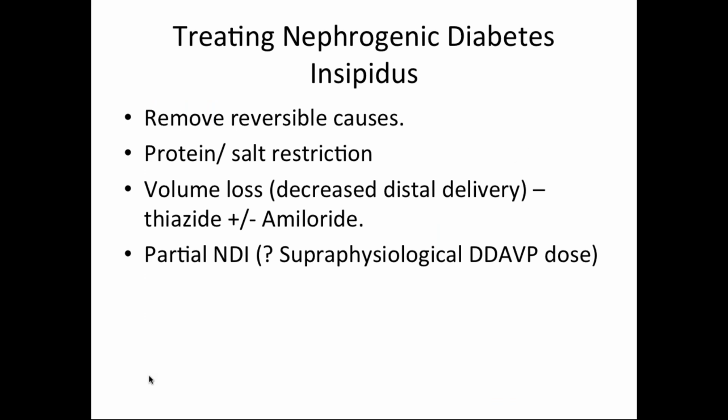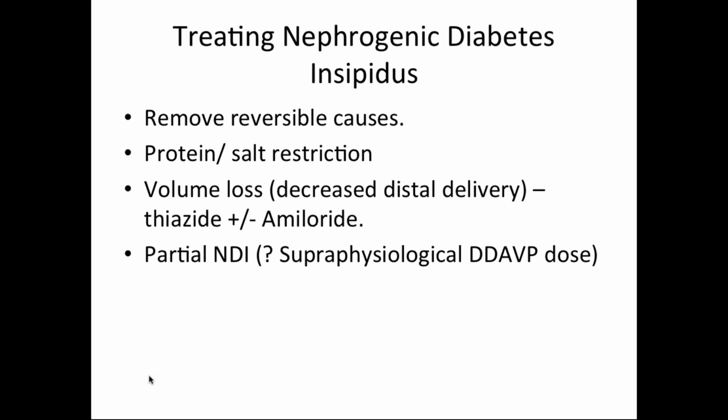With this decreased distal delivery, there is some paracellular, non-aquaporin mediated water absorption as well. And because the volume and the distal delivery is low, that small amount of water being absorbed will raise the osmolarity and decrease the polyuria that this person is having. So if someone's urine osmolarity is 100, you increase it to 200, their volume goes down by half.